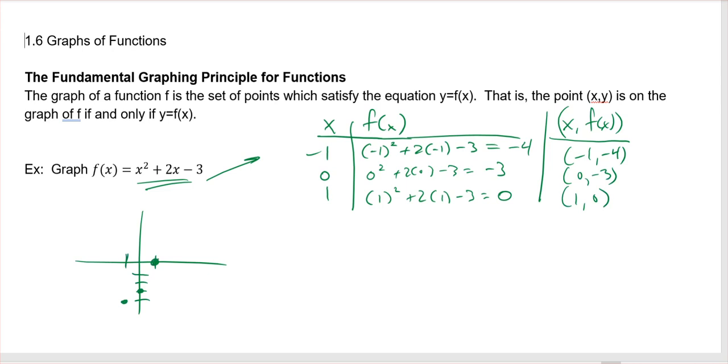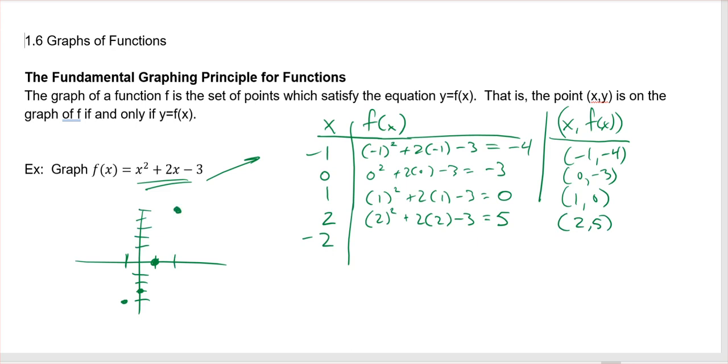And then if we want to make a better picture, we ought to put more points on there, right? So maybe I'll put a 2 on there, and maybe we'll put -2. If we do 2, we got 2 squared plus 2 times 2 minus 3. So that's 4 plus 4 is 8, minus 3 would be 5. So we got 2, 5 on there.